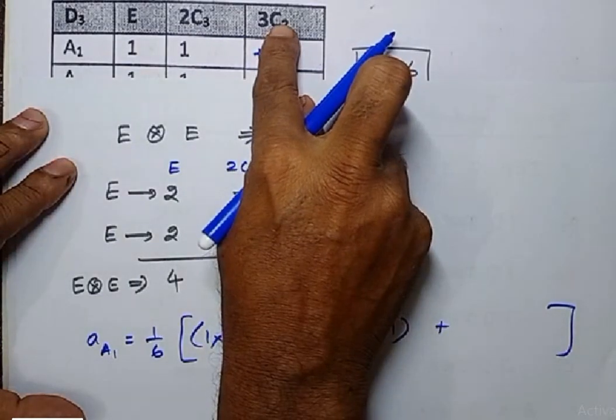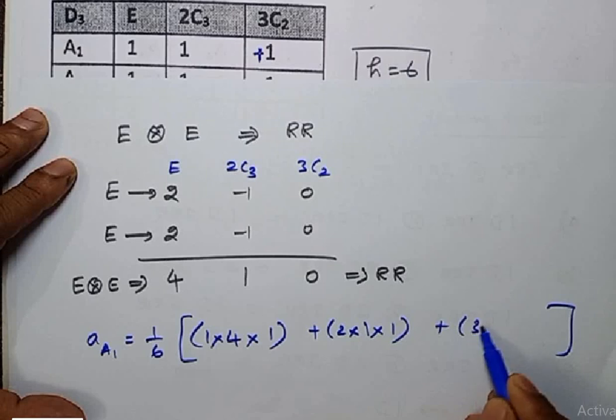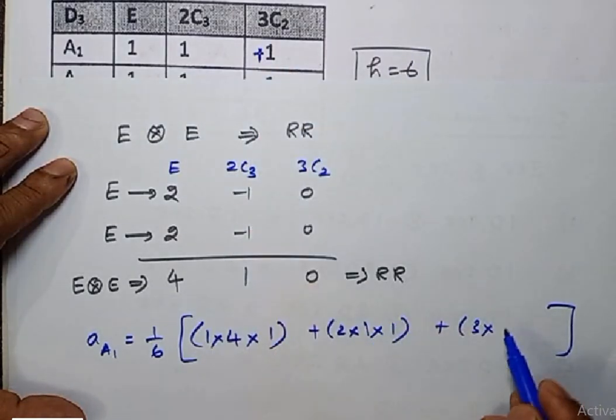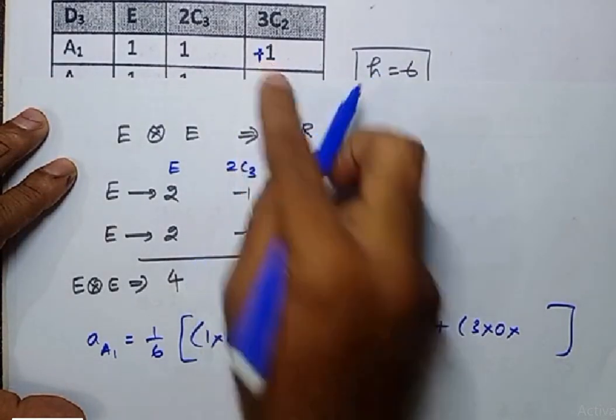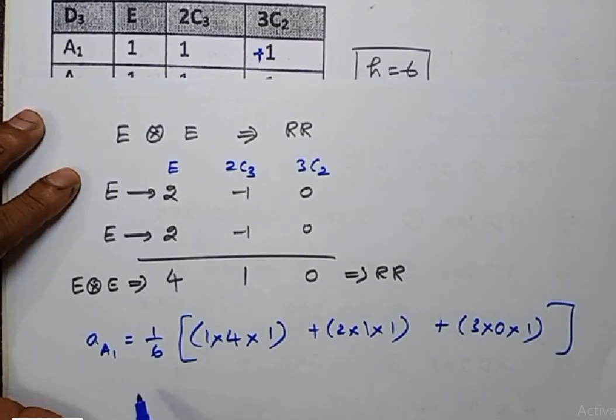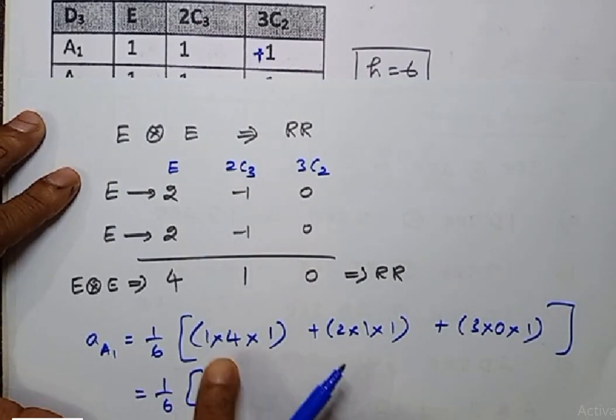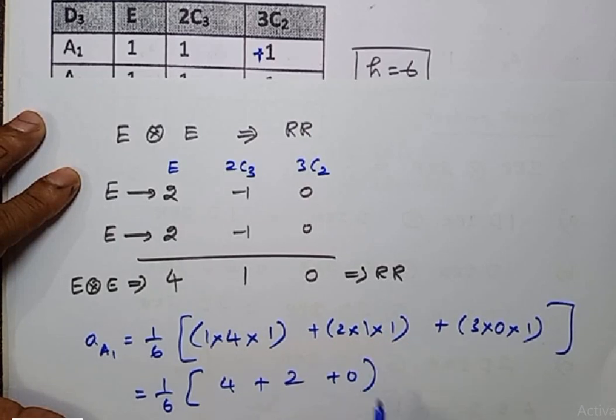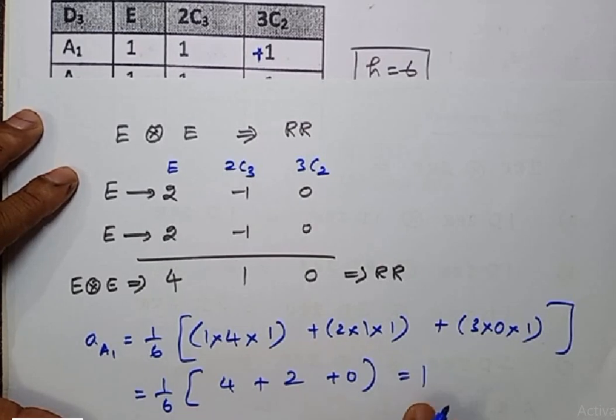Plus in class 3 we have 3 operations, reducible character is 0, irreducible character is 1. So the answer is 1 by 6 into 4 plus 2 into 1 into 1, 2, and this is 0. So 4 plus 2, 6, 6 by 6 is 1. So we are getting 1 A1.